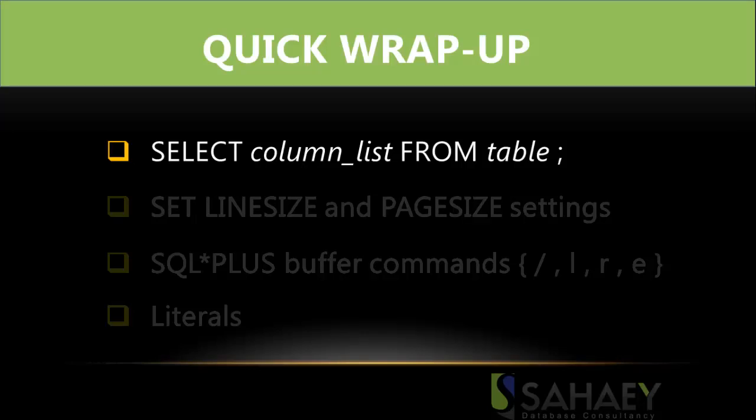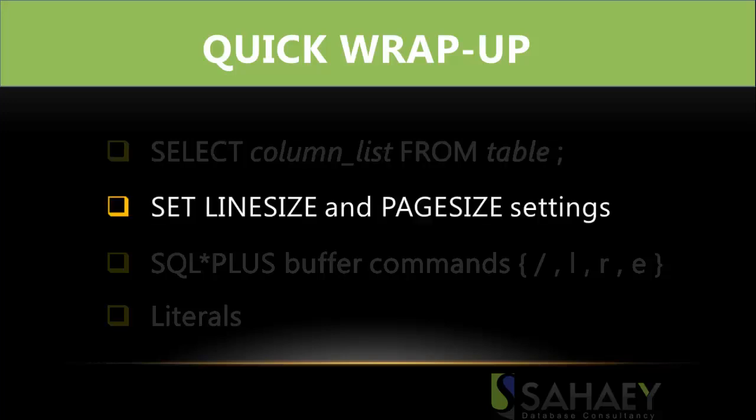To summarize, in its simplest form, the select statement consists of two clauses. The select clause specifies the columns to be retrieved, and the from clause specifies the table containing those columns. You can control how SQL Plus formats the select display by altering the line size and page size environment settings.